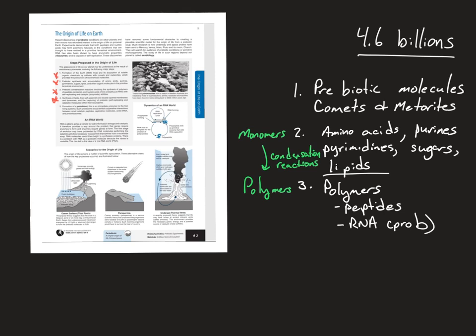They were the beginning small polymers that would be necessary in order to get life jump-started. And the reason that the scientists think that RNA was the molecule that was first made was because RNA has self-catalyzing ability.